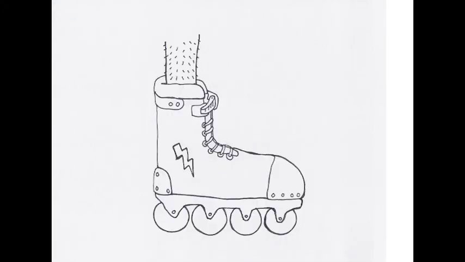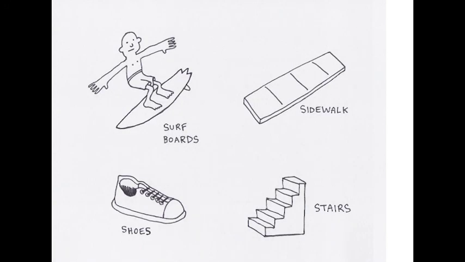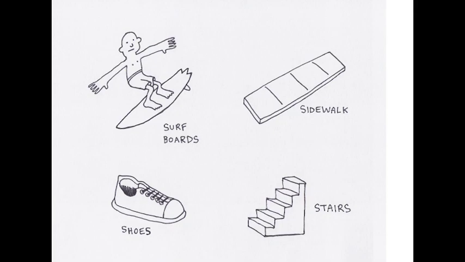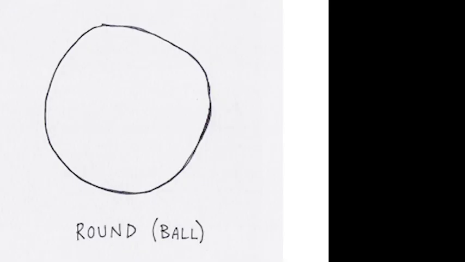But when things that you stand on are balls, like rollerblades, that's why you can roll around on something flat. Let's get into some more in depth here. Surfboard, flat. That's because you stand on it. These are all things that you stand on because they're flat, because they're not balls.